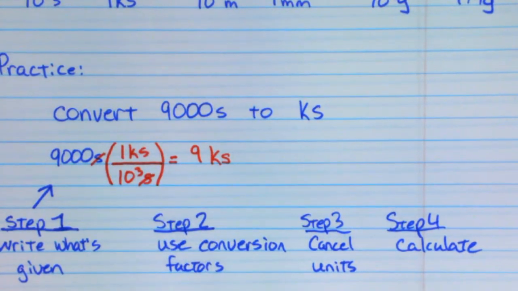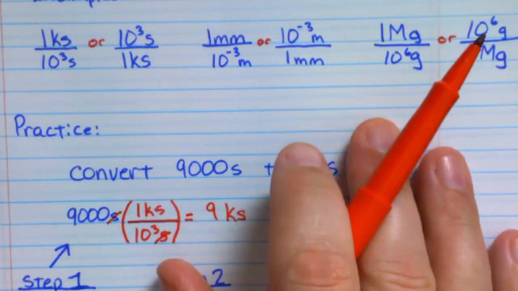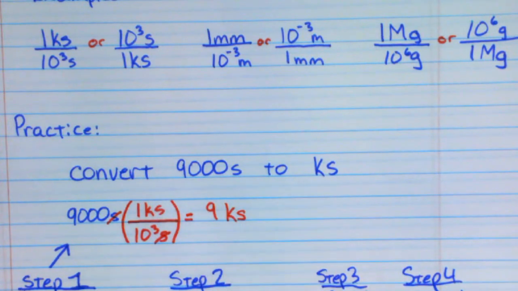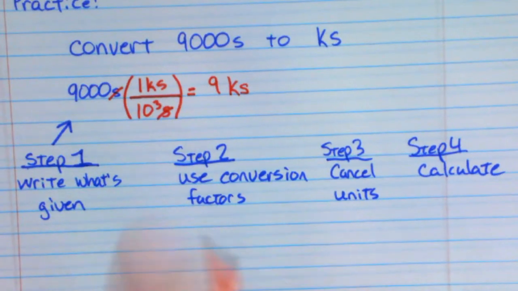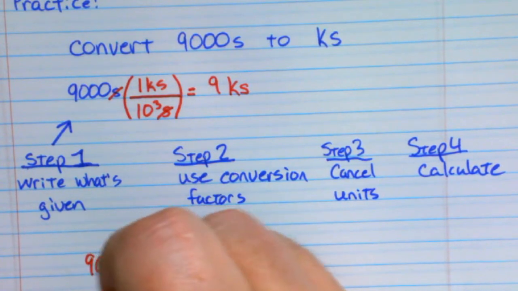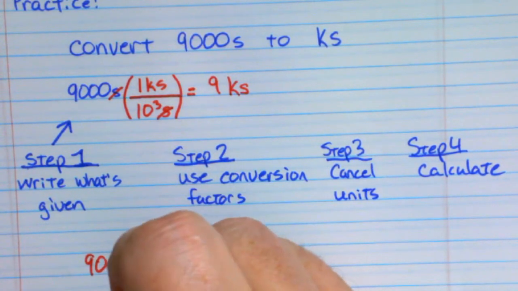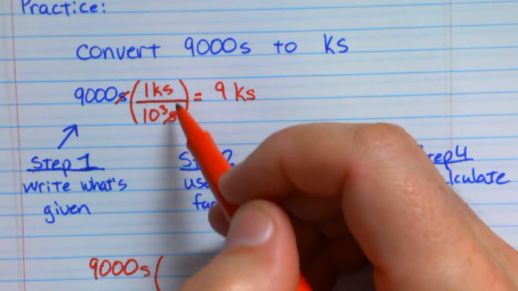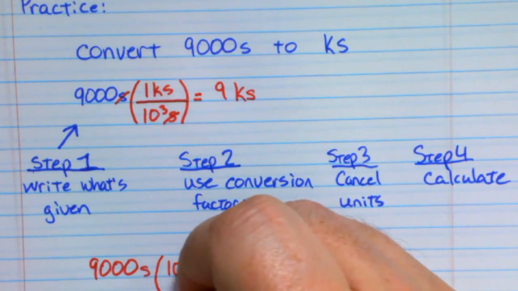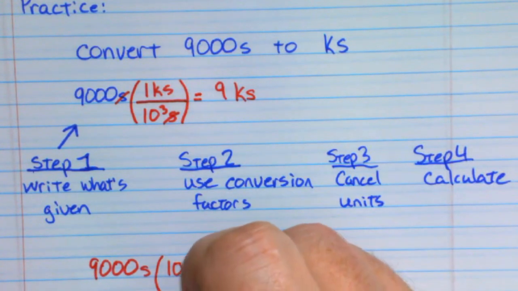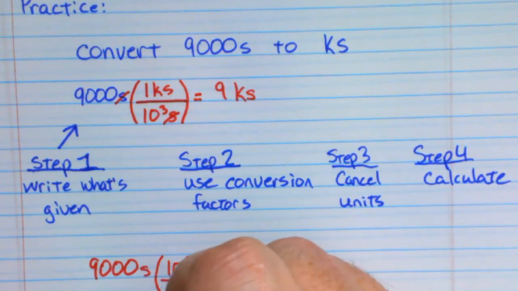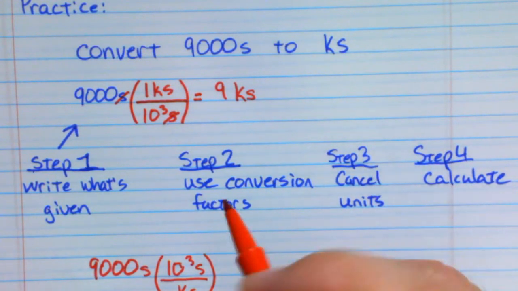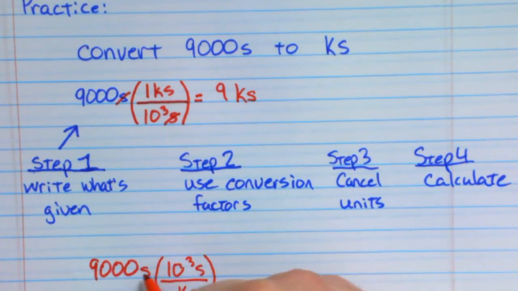That's 9 kiloseconds. If we would have used the other conversion factor, it would have given you a unit other than kiloseconds. So if you have 9,000 seconds, and if we would have gone with the opposite of this, with 10 to the third seconds on top and kiloseconds on bottom, then you're unable to cancel your unit.